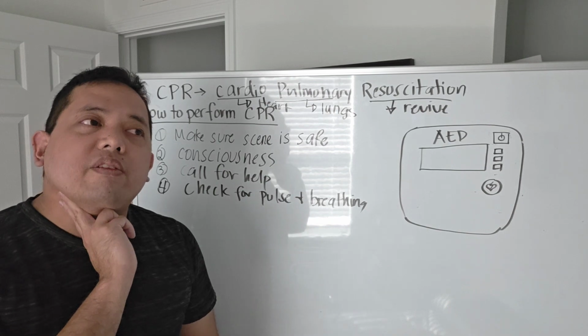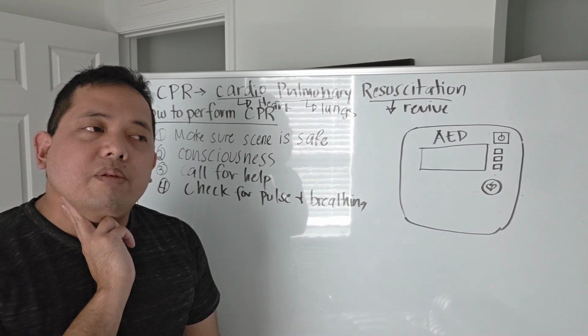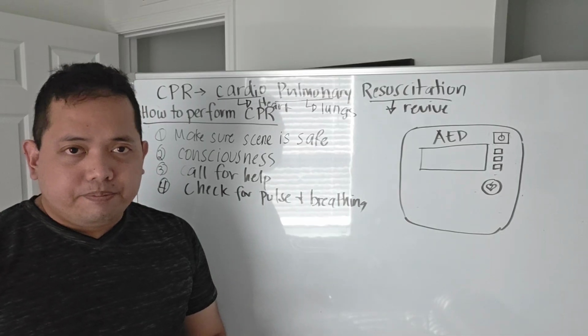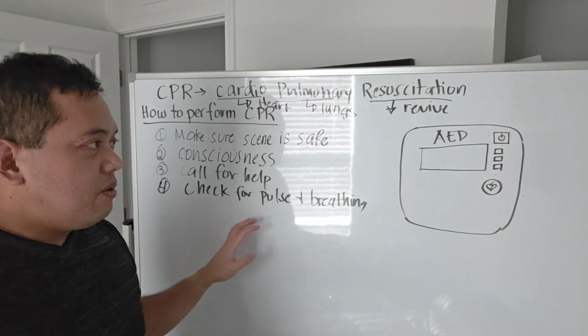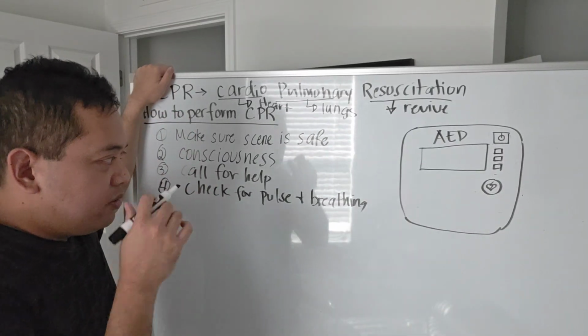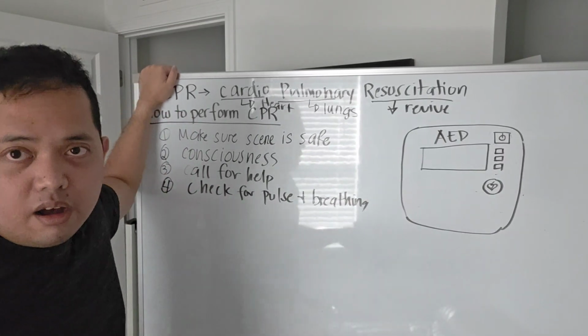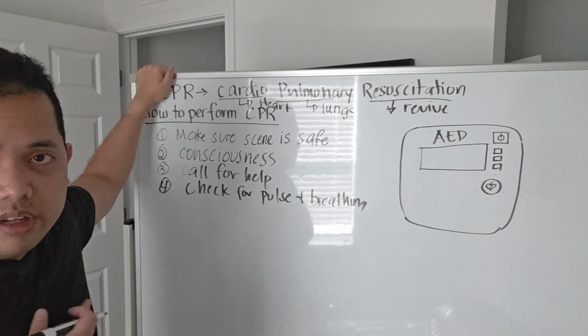So feel over here if you can feel the pulse. I felt mine. If somebody's passed out, it might be weak, but hopefully you can locate it. If not, that's the time you actually intervene. And for breathing, the way you can know they're breathing is chest rise. You can watch the chest.